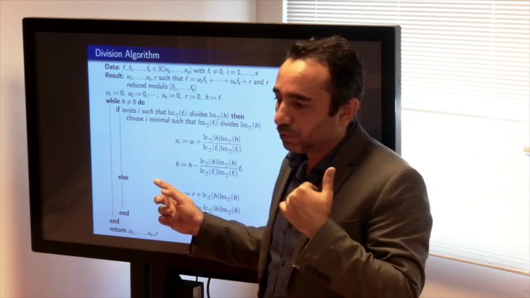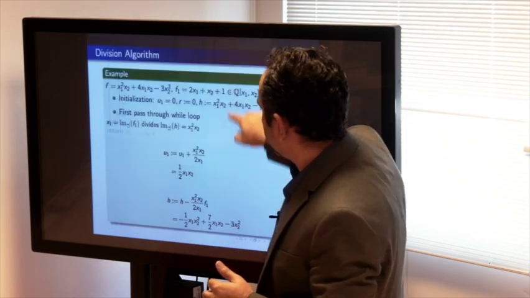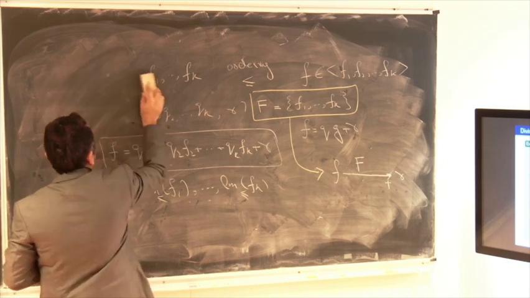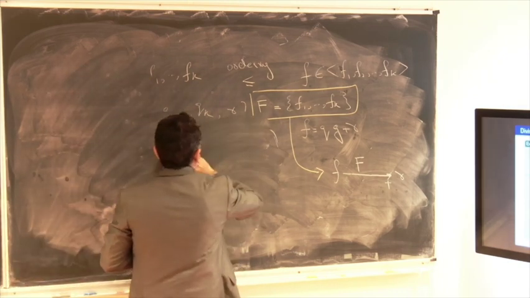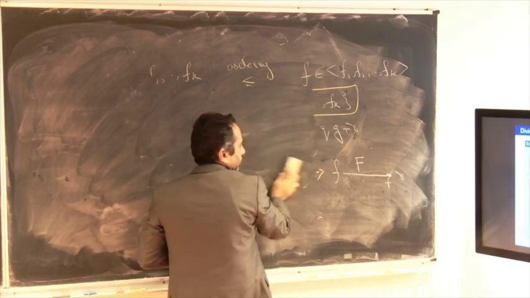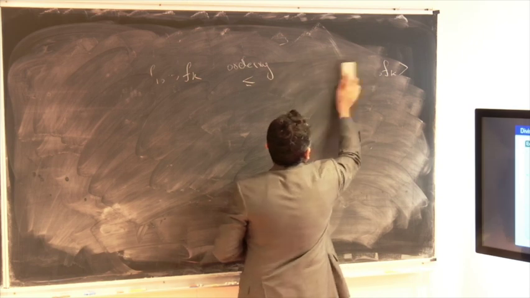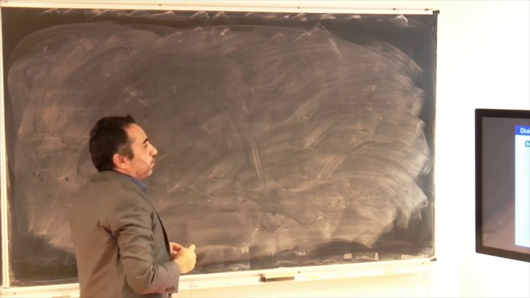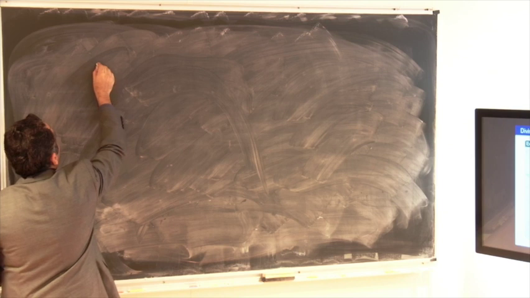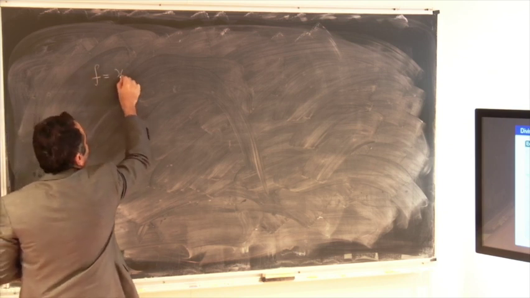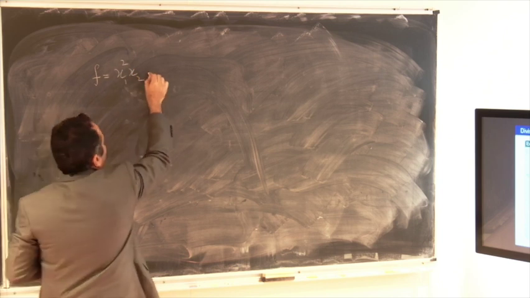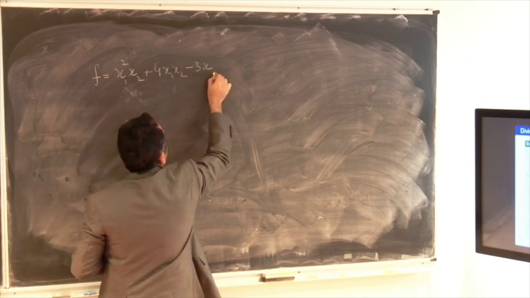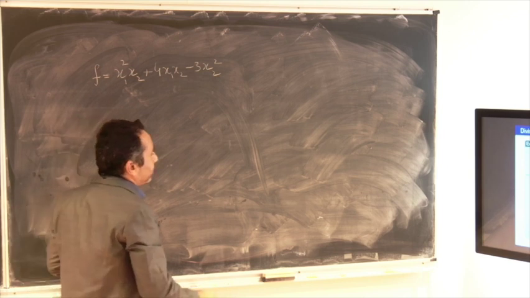explain this process more using one example. So here is the example, that we have to divide F, where F is x1 squared x2 plus 4 x1 x2 minus 3 x2 squared, by a set of polynomials.